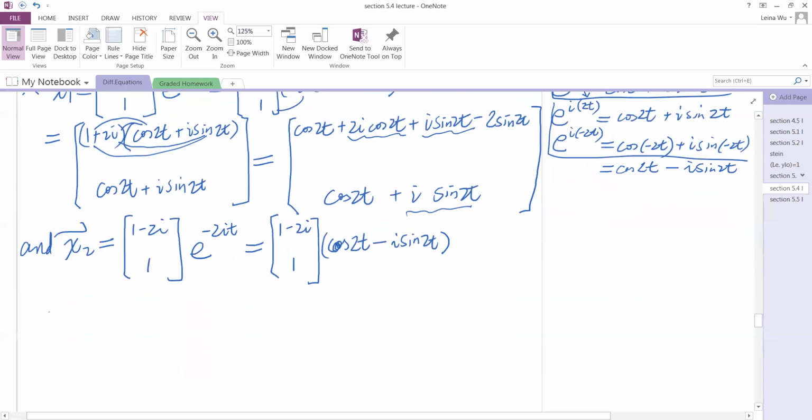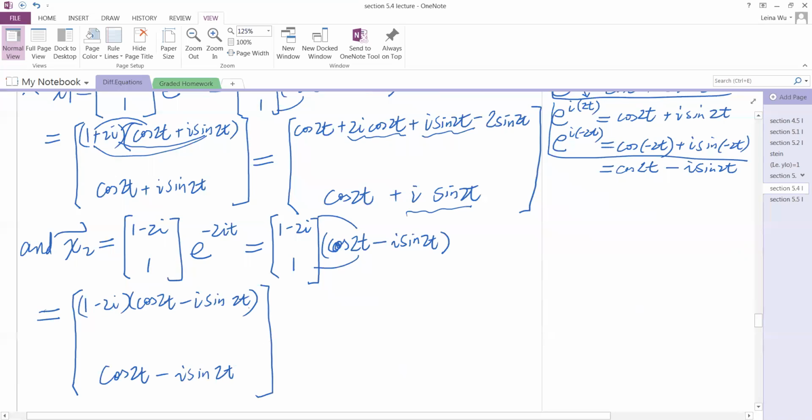All right, so eventually we're going to mimic what we just did there. We're going to distribute this cosine 2t minus i sine 2t to both components. You have 1 minus 2i times cosine 2t minus i sine 2t, and the bottom will just be cosine 2t minus i sine 2t. Then we distribute the cosine 2t.